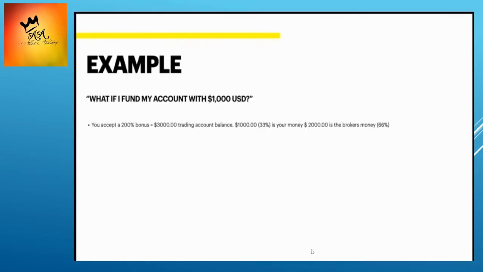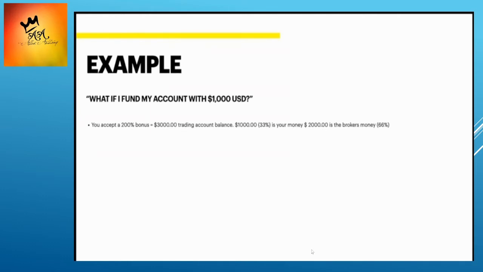Let's take an example. What if I fund my account with 1,000 USD, which is United States dollars? If I fund my account with 1,000 USD, this is how it would work. If I were to accept the 200% bonus, now you don't have to. Some brokers have 50%, 100%, and of course you don't have to at all.